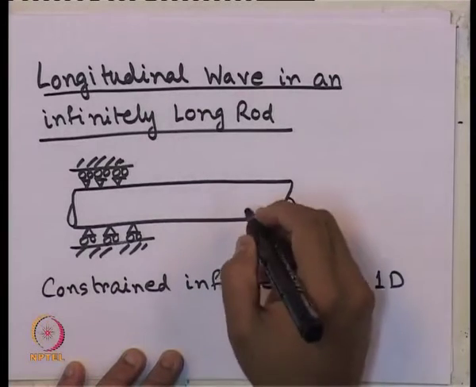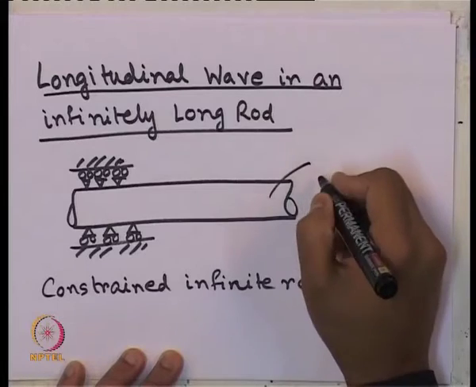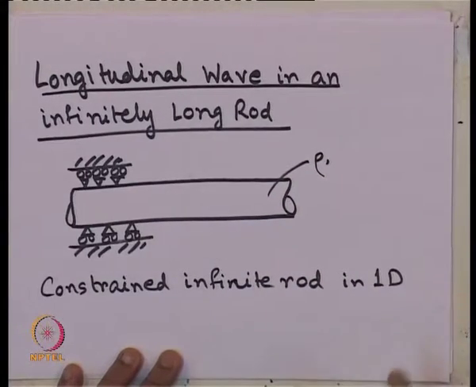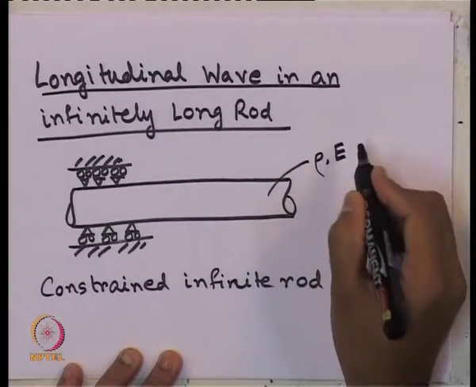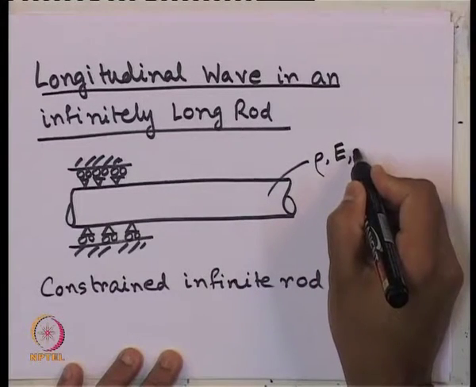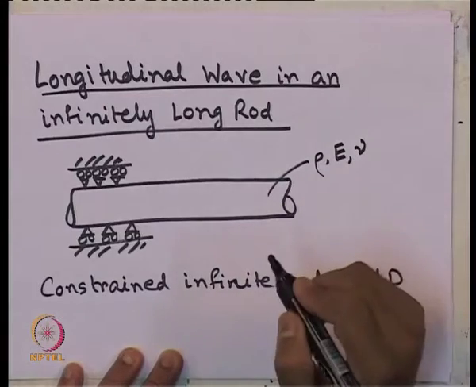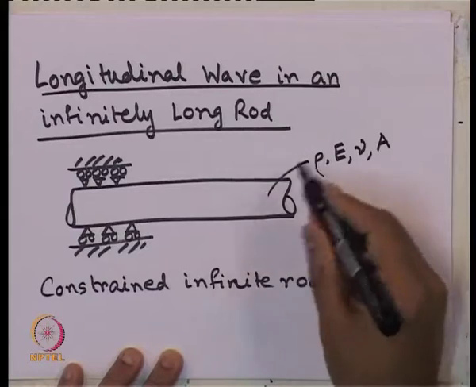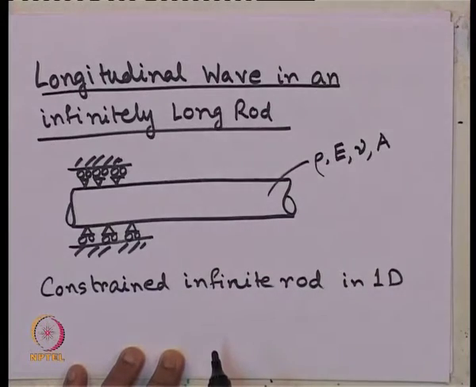Let us say the properties of the rod are: rho is the density of the material, E is Young's modulus of the material, nu is Poisson's ratio of the material, and A is the cross sectional area of the rod.